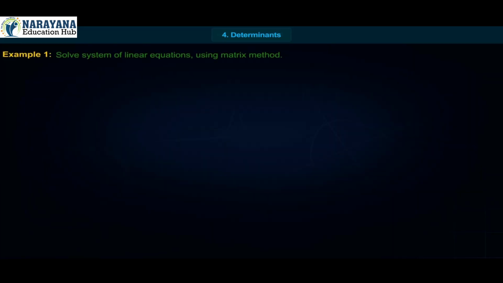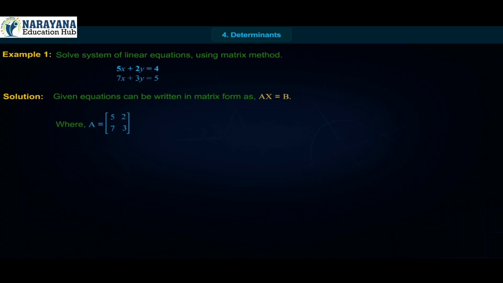Example 1. Solve the system of linear equations using the matrix method. 5x + 2y = 4, 7x + 3y = 5. Solution. The given equations can be written in matrix form as AX = B, where A is the matrix [5, 2; 7, 3], X is the matrix [x, y], and B is the matrix [4, 5].